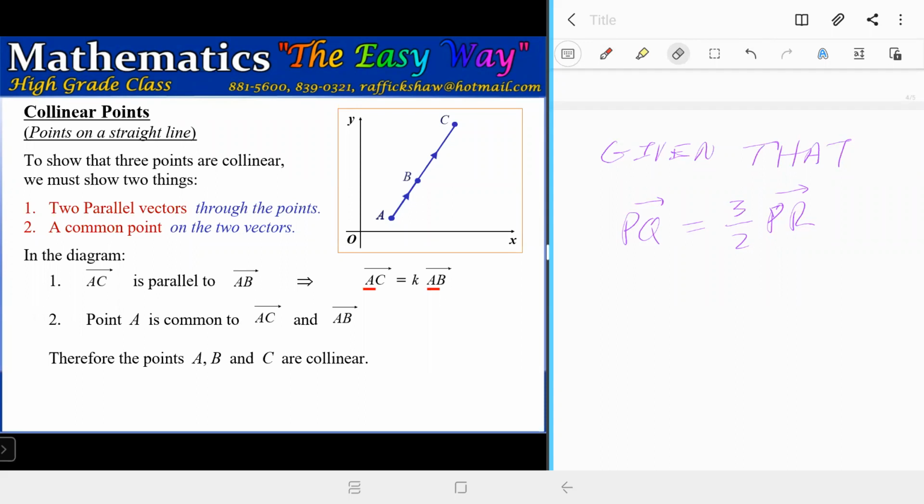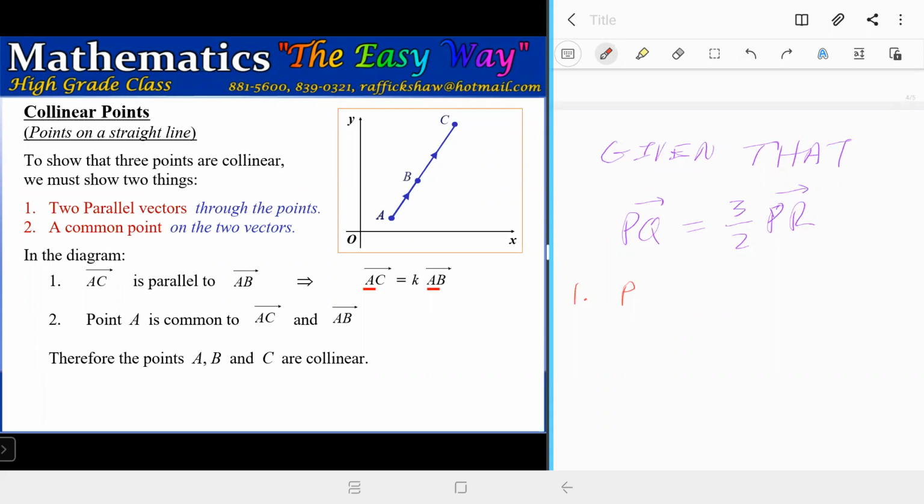Listen carefully to what I'm asking. If I give you that equation in a question, and I said, draw 2 conclusions, what are 2 conclusions that can be drawn from this equation? Given that the vector PQ is 3 over 2 times the vector PR.